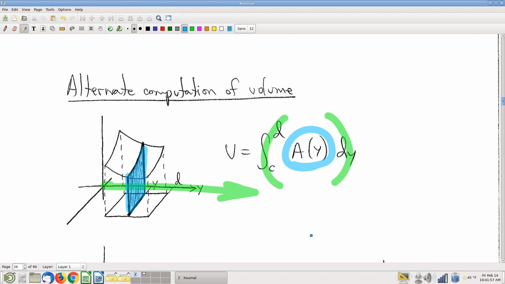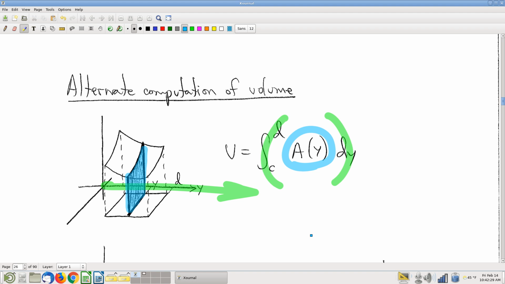Y'all remember those kinds of problems? In Calc 1, Calc 2 classes, those areas are nice, simple areas. Maybe they're squares. Maybe they're equilateral triangles, whatever. Very often they're circles. Very often we're taking a rotated solid, and then those slices are discs, and then pi r squared and all that business. So a bunch of different versions of that.